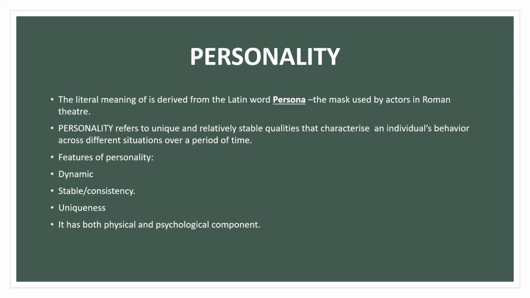And the last one is that it has both physical and psychological components. Physical components of personality are like action, posture, body build, and the psychological components are like opinions, attitude, intelligence, etc.